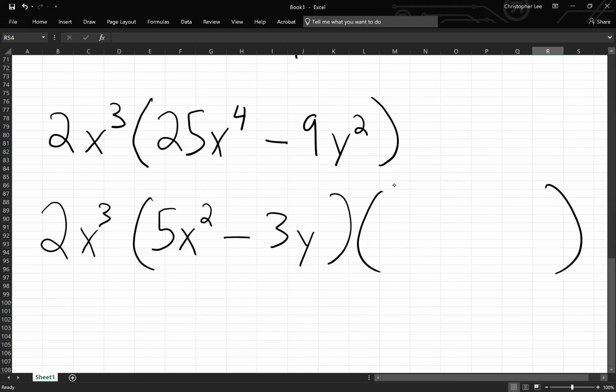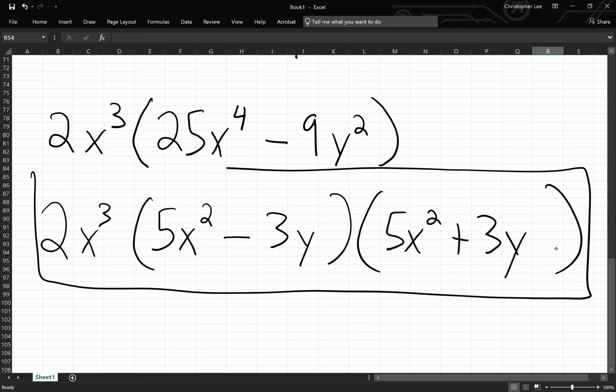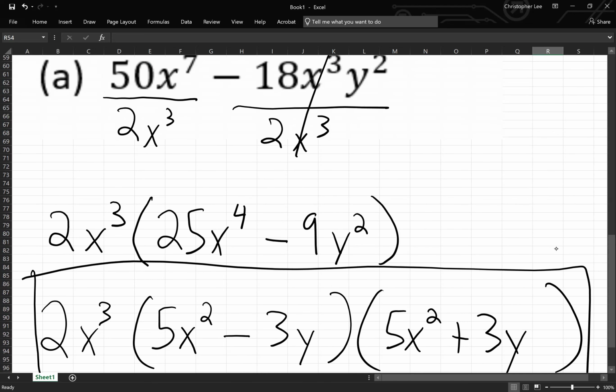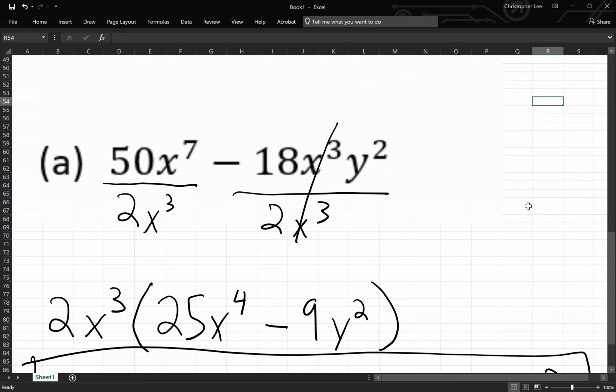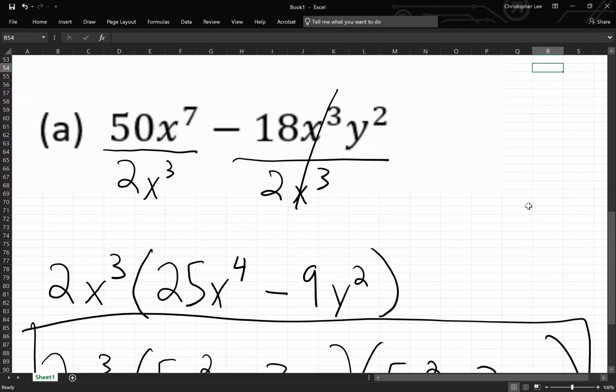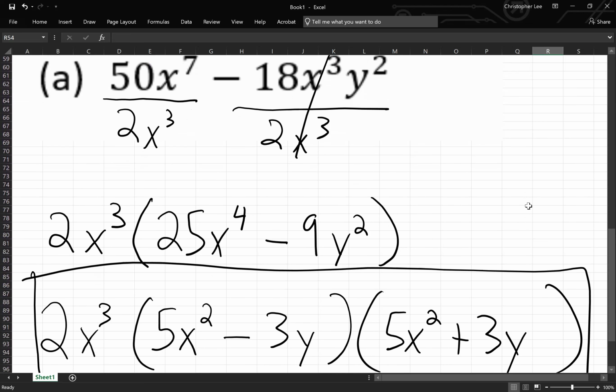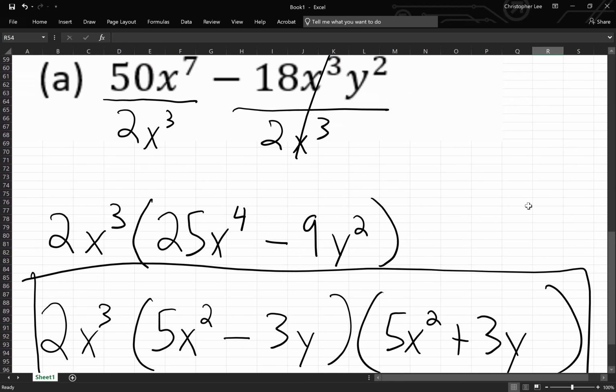And what's the other one? Very good. This is my final answer. Questions on this? Anybody? I mean, that's it. It's just the instructions that says factor completely. Any questions on this?